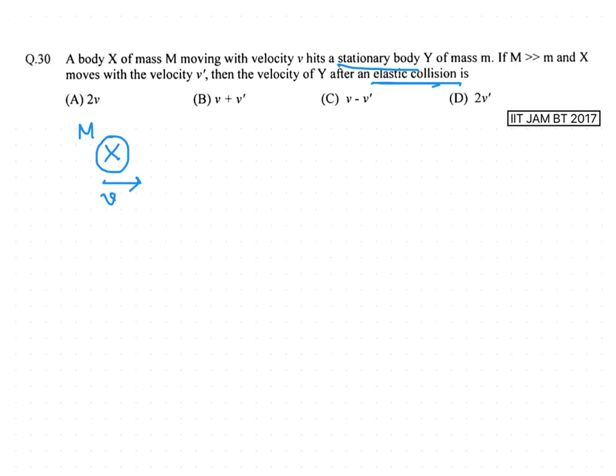So this is our body Y whose mass is small m, and this is at rest. Now what happens is, this X hits Y and they collide here, and the collision is elastic collision.